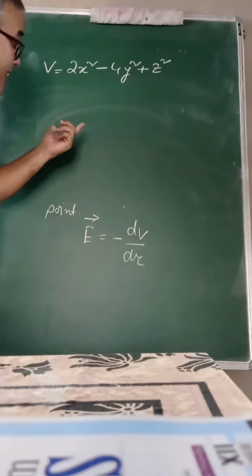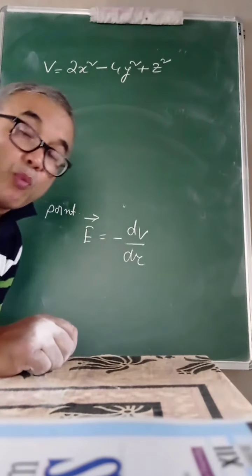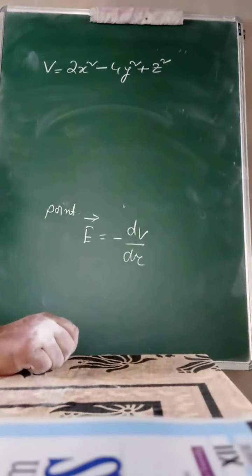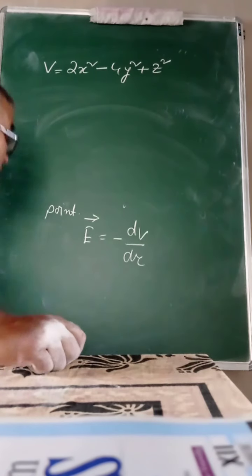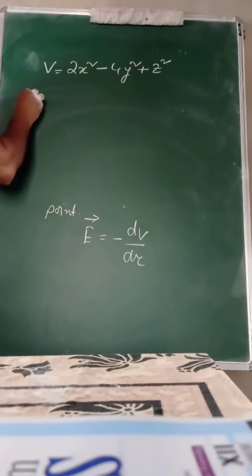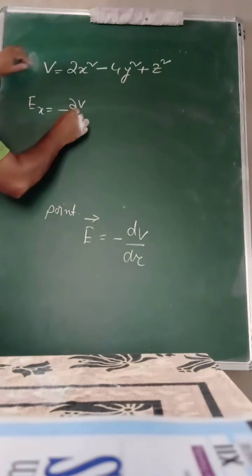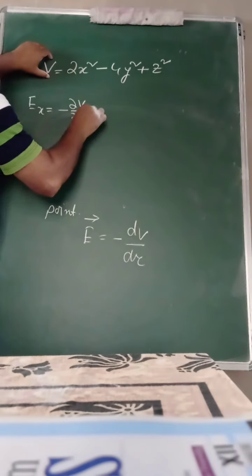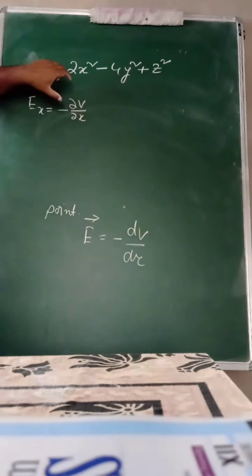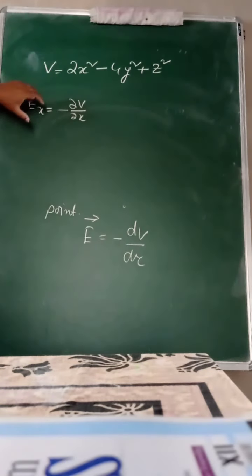Or we can say that our electrostatic potential is a function of x, y, z. Therefore, in order to calculate the x component, we have to differentiate this function with respect to x. This is called partial differentiation.